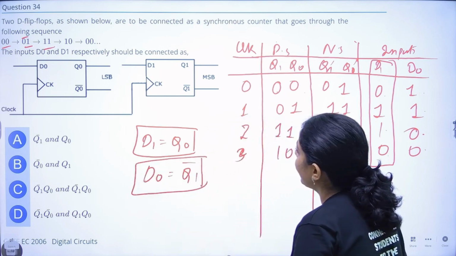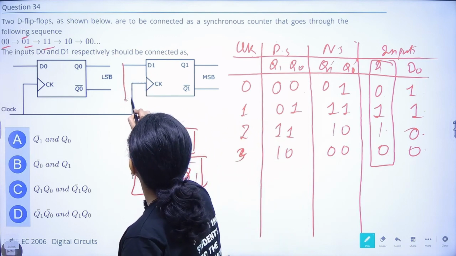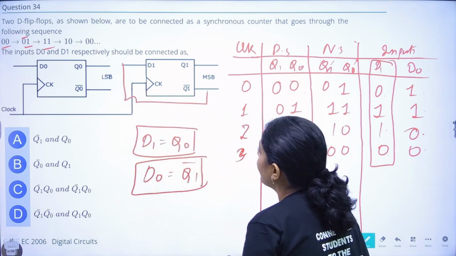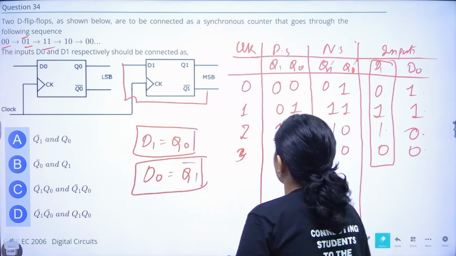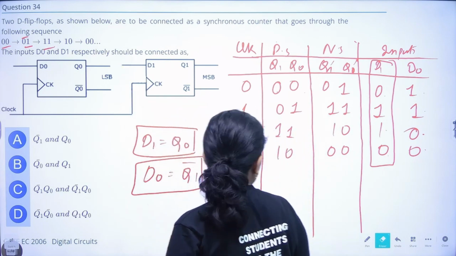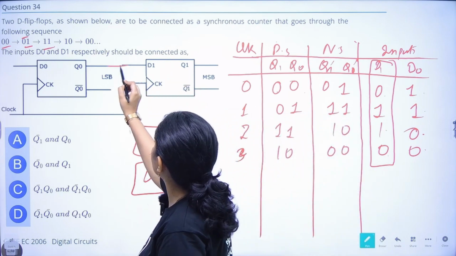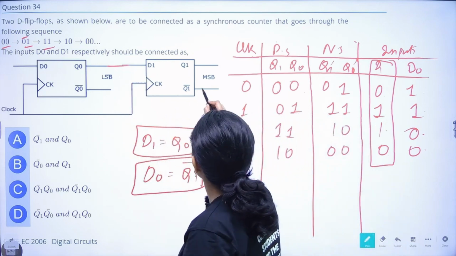So how are they connected? D1 is connected to Q0 only, and D0 is connected to Q1 bar.